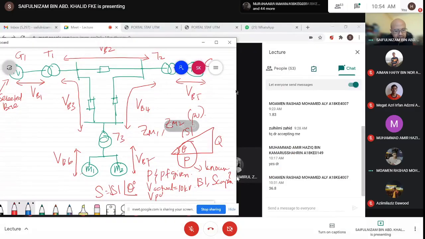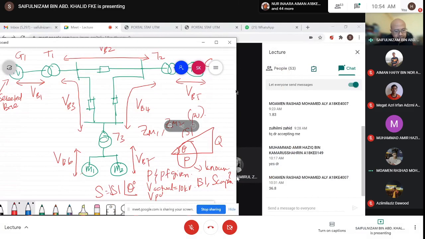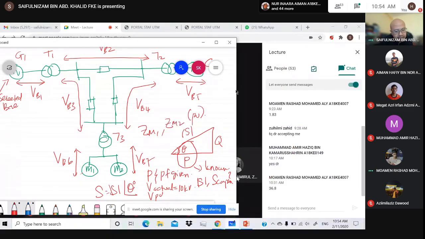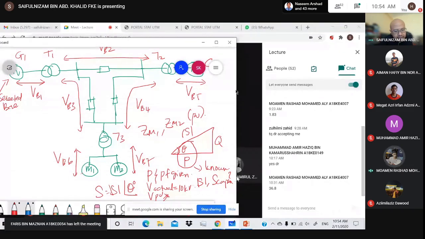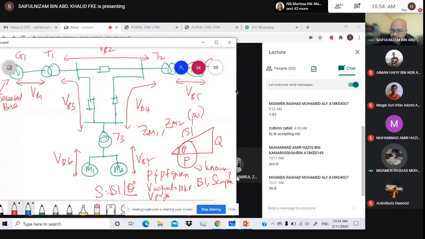By dividing the actual with the base value. Okay. Did you get me? So the input of the motor is the actual value of the motor. Then divide by the base value, you can get the per unit value of the motor.